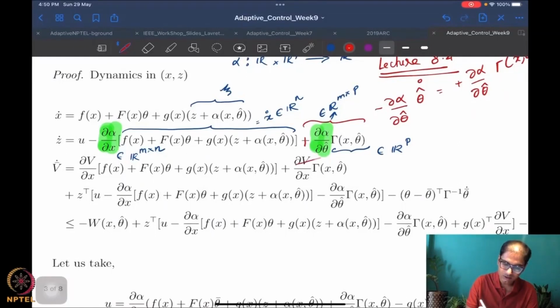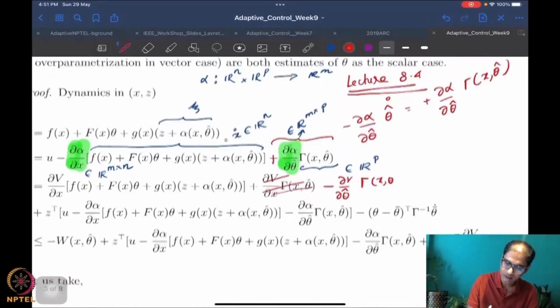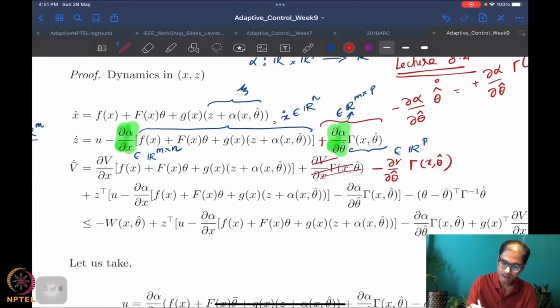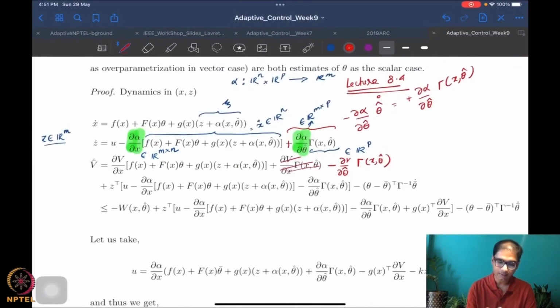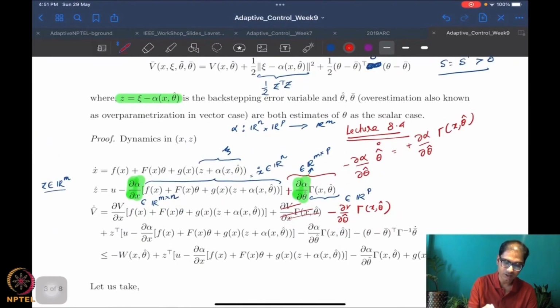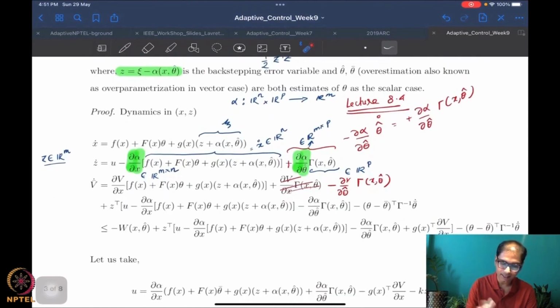So this term is not this, but it has to be del v del theta cap times theta cap dot. So this is minus gamma x theta cap. Yeah, so that's what you have. The second term will be minus del v del theta cap gamma x theta cap. I'm simply taking the derivative of v, which is a function of both x and theta cap.